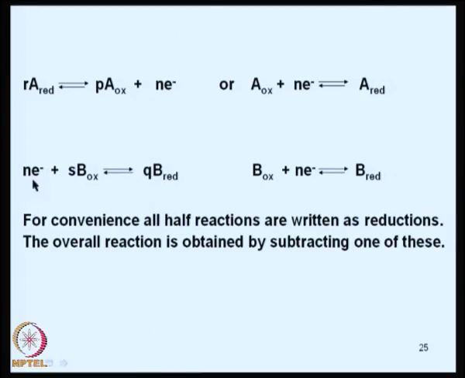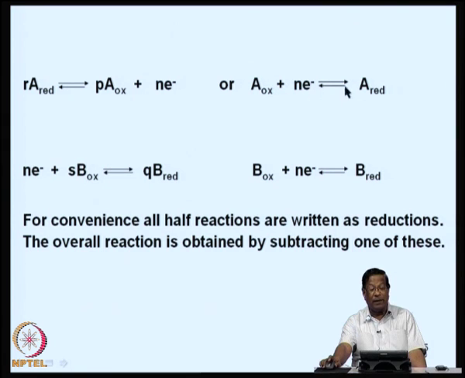So, we have written A oxidant plus n electrons is equal to A reductant. Similarly, for the other half cell, even though the electrons are released there, we still write B oxidant plus n electrons is equal to B reductant.